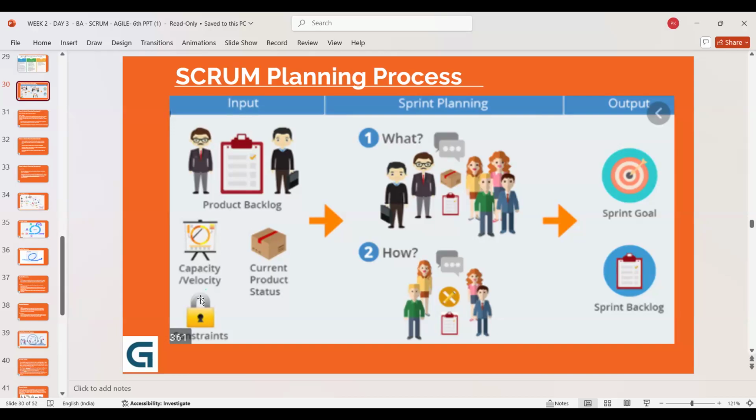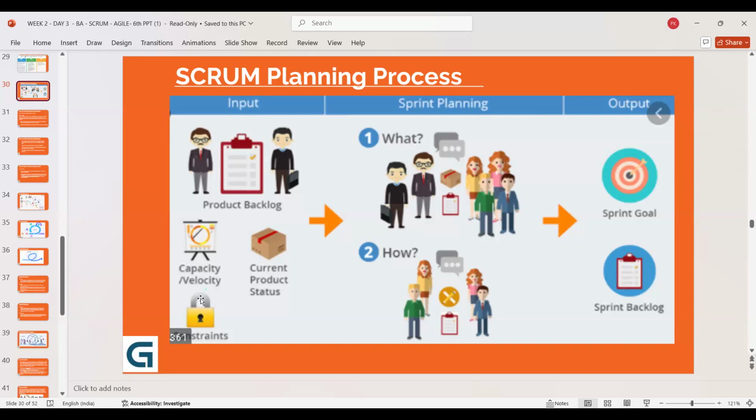And then the sprint backlog. That means whatever work we have taken from the product backlog, that much amount of work we should be completing. As we all know, the product backlog is like the repository of all the requirements. That means all the requirements which the customer is asking for, for their product, for their application, all that is mentioned in the product backlog.